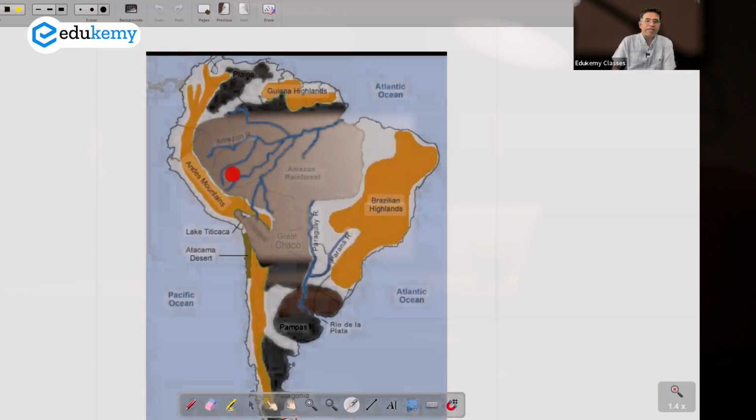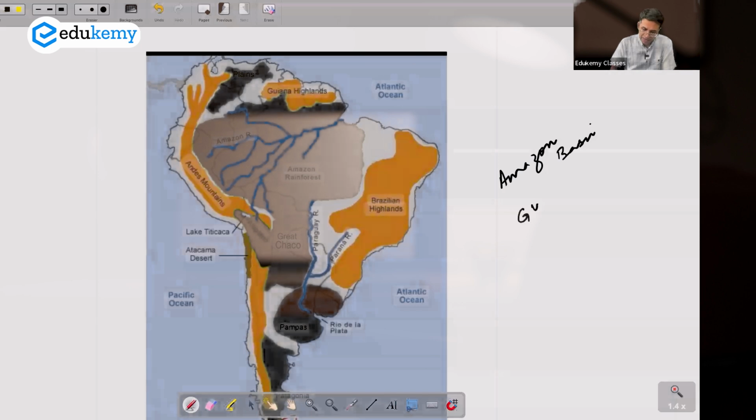And this is Brazil. So Brazil में the 3 physiographic divisions जो Brazil के part हैं, one is Amazon Basin is part of Brazil. The second I said is the Guyana Highlands. Guyana Highlands is part of Brazil, and also a very large area called as Brazil Craton.